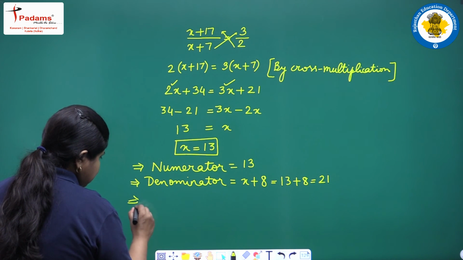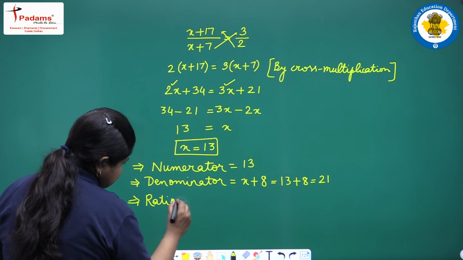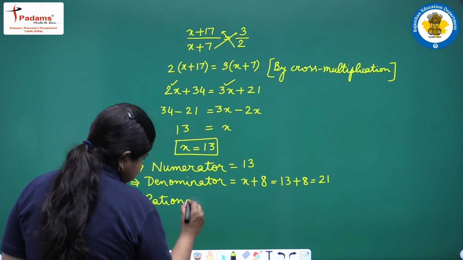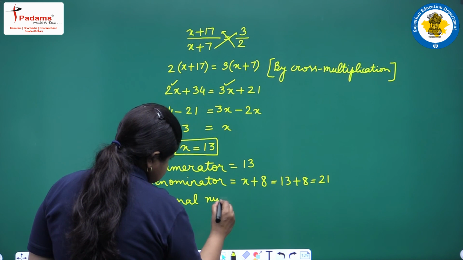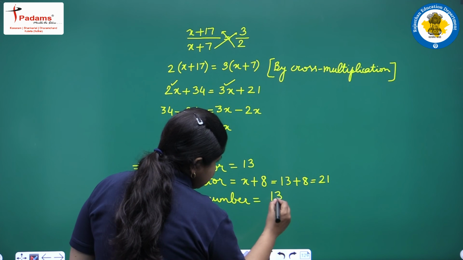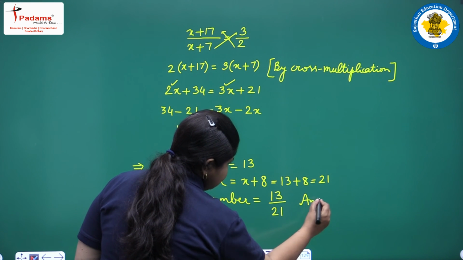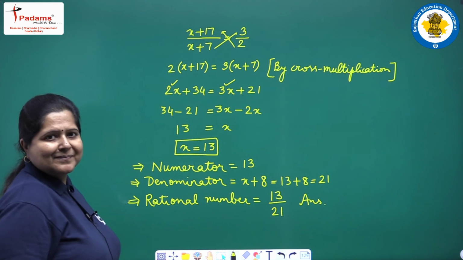This means the rational number that has been asked will be equal to 13 upon 21, and this is the final answer.